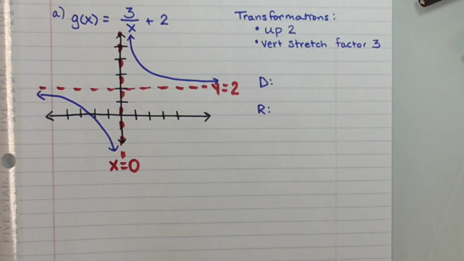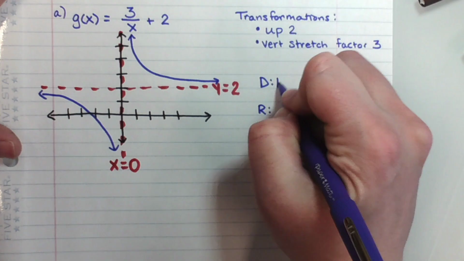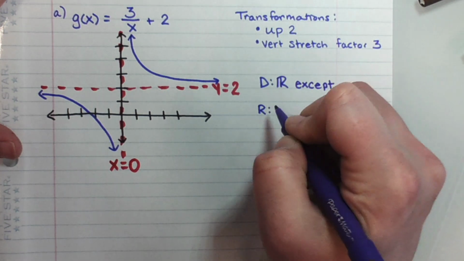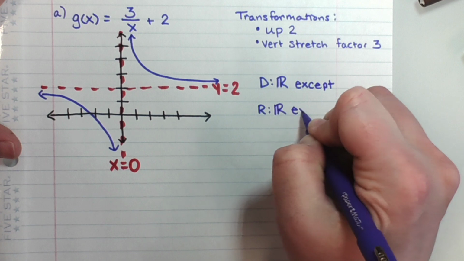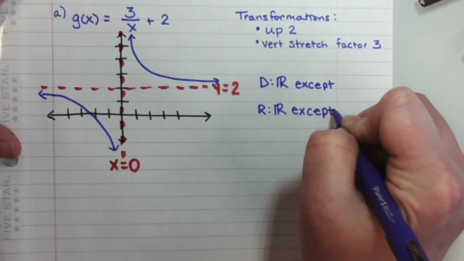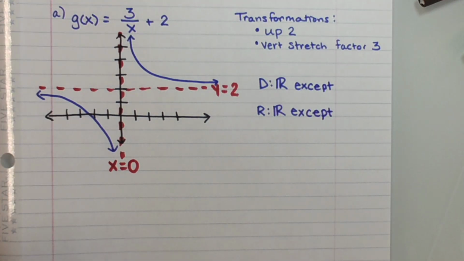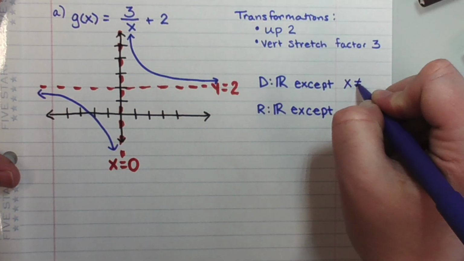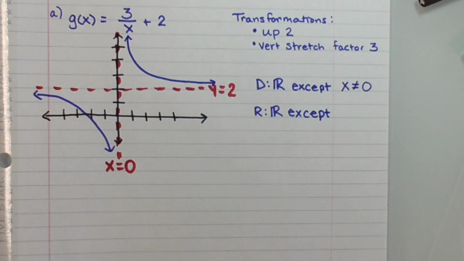Don't forget domain and range. Again, domain and range start the same way. All real numbers except. What is the domain not allowed to include? Correct. All real numbers except x is not allowed to be equal to 0.